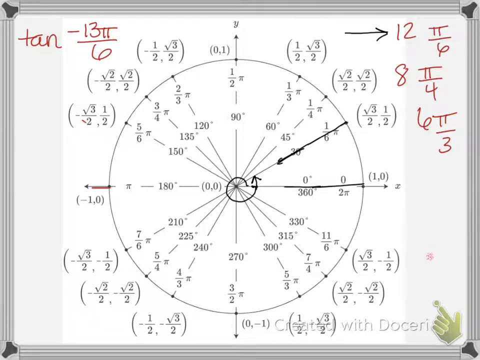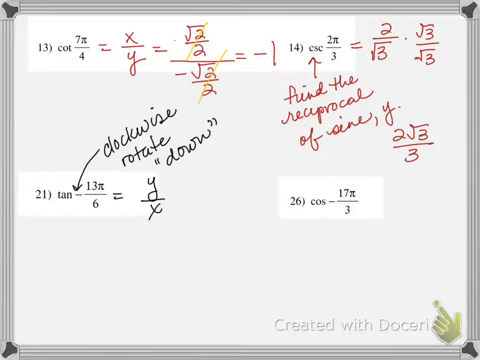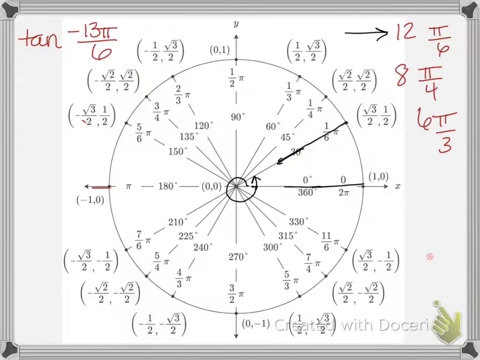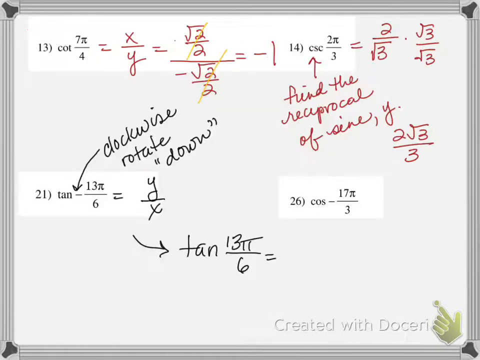Okay? So what's the coterminal angle? I accidentally stopped recording. What is the coterminal angle of tangent of negative 13 pi over 6? Well, side note, if I'm doing positive 13 pi over 6, I know it's going to be, what did we say? 1 pi over 6. Okay? But I'm asking for negative.